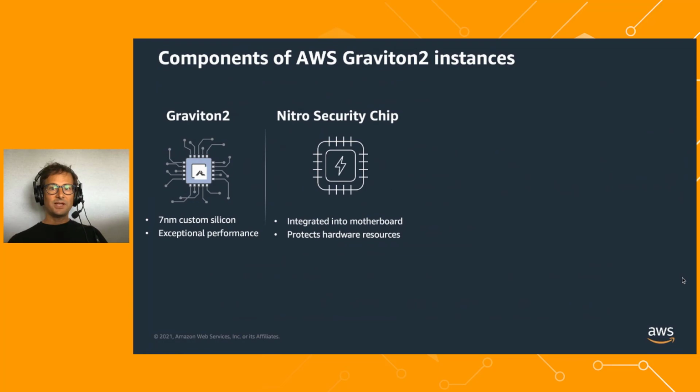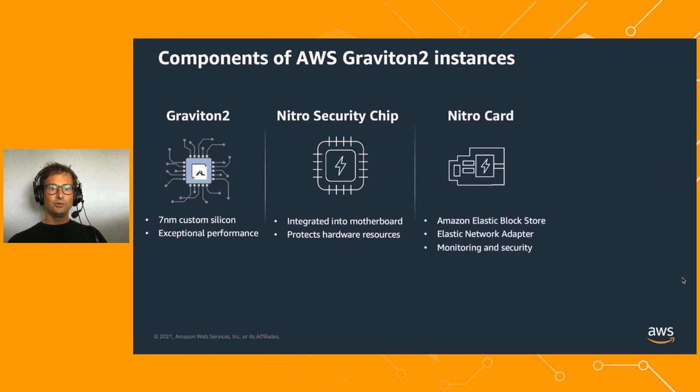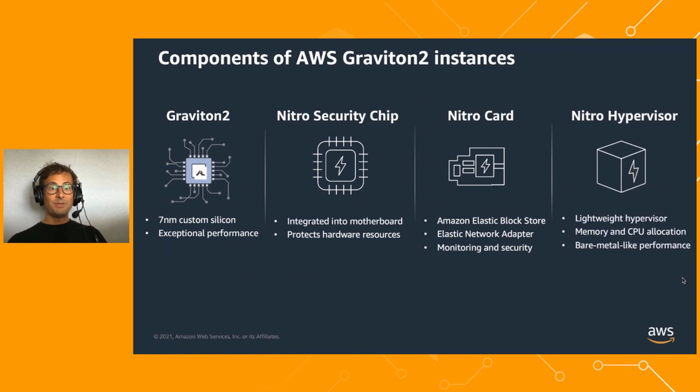The Graviton2-based instances, like most of our new instances, are based on the Nitro system. So of course, we use the Graviton2 processor, which is bringing those instances an amazing level of performance. We are using the Nitro security chip, which is integrated into the motherboard and protecting all the hardware resources.